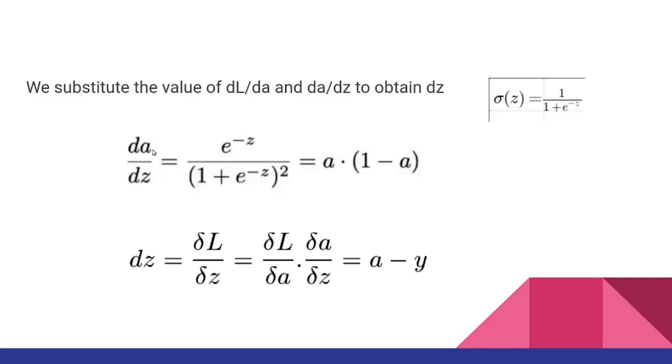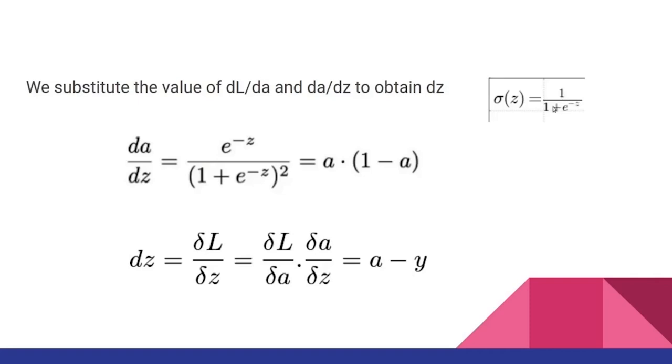And if we take the derivative of 1 by 1 plus e to the negative Z with respect to Z, we get this term. You can try it out yourself if you know how to solve basic calculus problems. It shouldn't be much of a problem. First, we assume that the bottom is just x. So the derivative of 1 by x is minus 1 by x squared. And then we find the derivative of the inside part and multiply it.